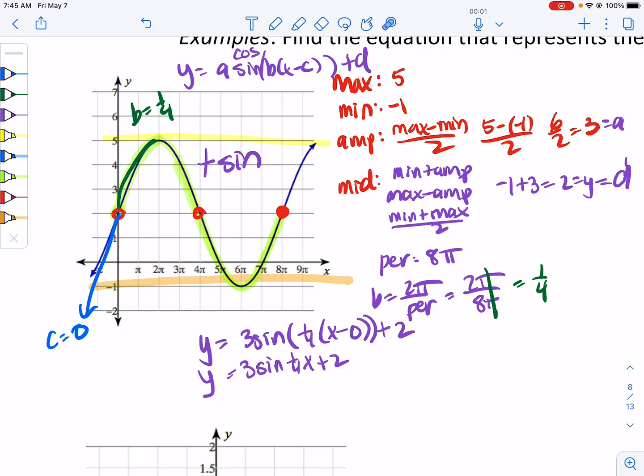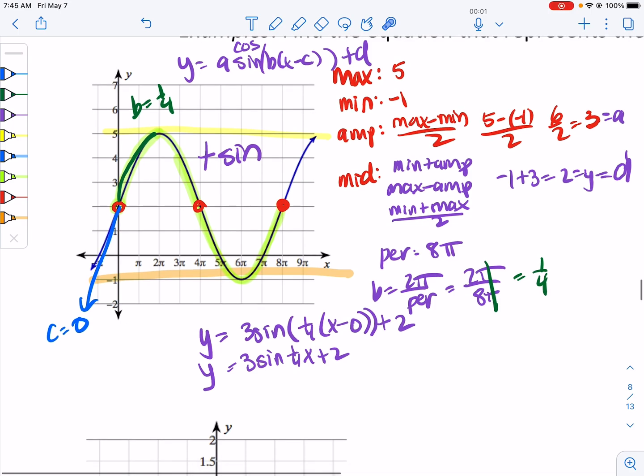Now, just so you are aware, there's an infinite number of ways to write the trig equations for sine and cosine. That's because, if you notice, if I start here, this gives me a positive cosine graph that's been shifted right by 2 pi. So I could also create an equation where it's a positive cosine graph, but it's been shifted by 2 pi.